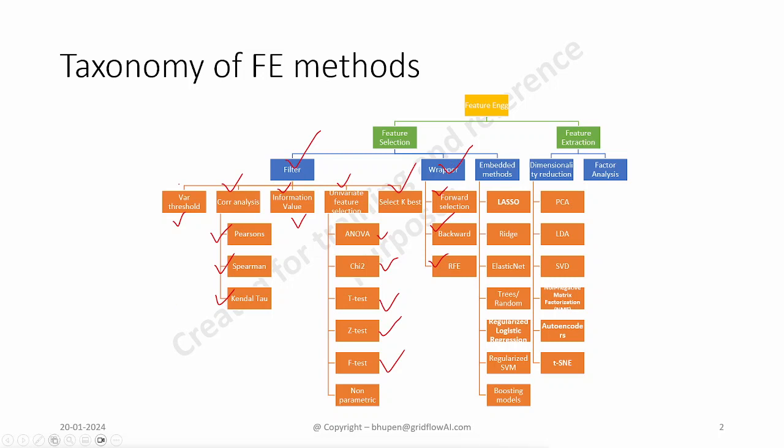Under filter method, we have covered the variance threshold, correlation threshold, and three types of correlation: information value, univariate feature selection, and hypothesis testing, select k-best, then wrapper method, and now we are discussing embedded method. Under embedded method, we are going to talk about lasso, ridge, and elastic net.